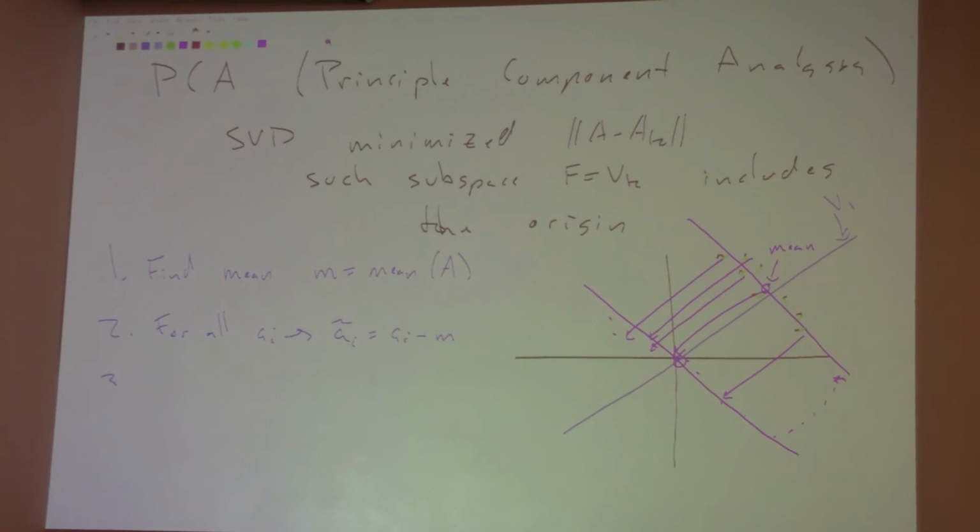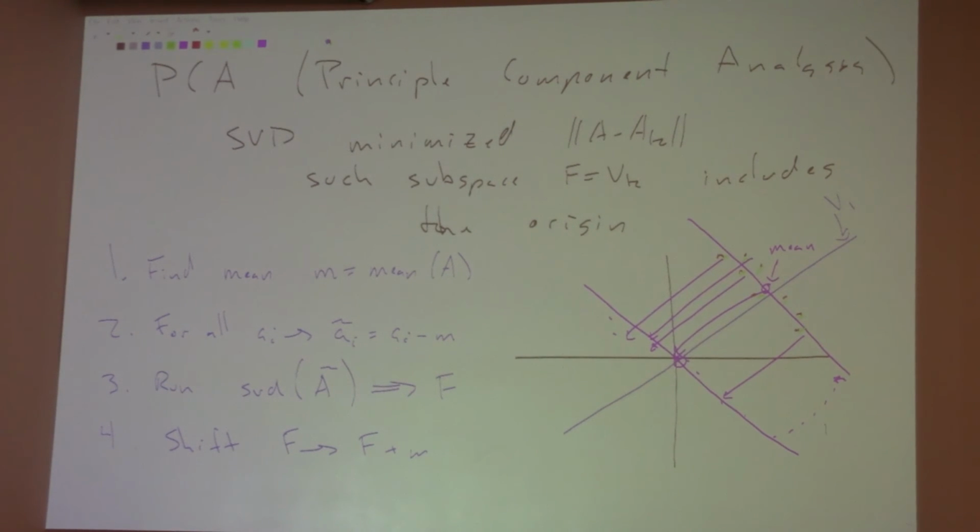Now I'm going to run SVD of A tilde, because all the data points are shifted to the origin. And this is going to give me my subspace F. And then shift F to F plus M. Shift it back out.